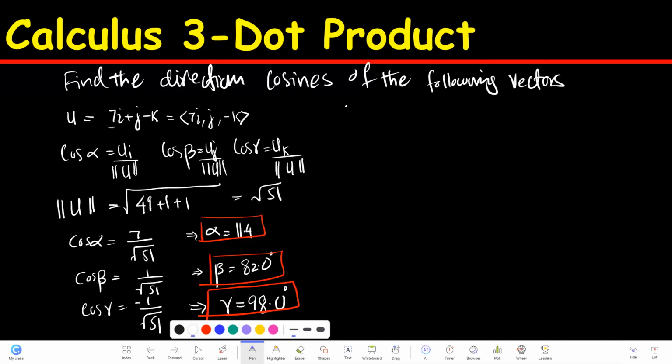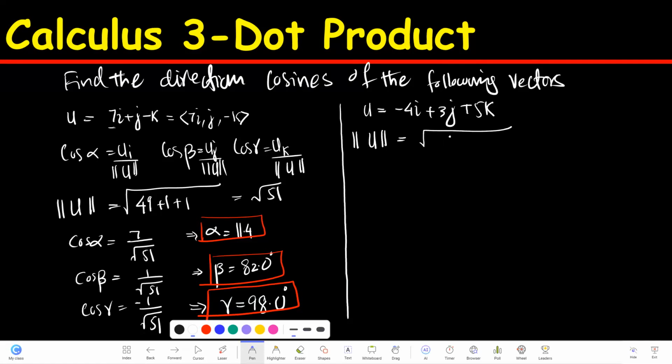Now we're going to take another question. It's pretty much the same type of problem. And the u is given here: minus 4i plus 3j plus 5k. And if I want to take the magnitude, it's going to be the square root of 16 plus 9 plus 25, so it's going to be the square root of 50.